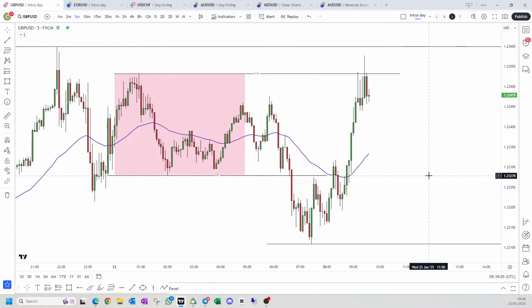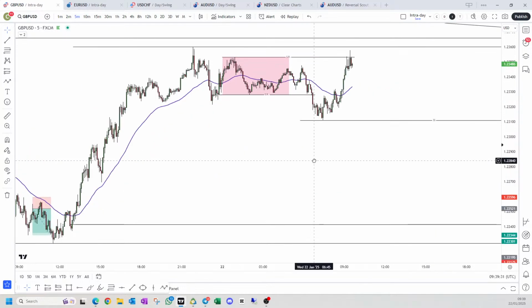Okay, so I don't really want to touch this right now because we've just swept the highs of that. We could either keep going higher, take more, or come back down. So that's in a very sensitive area at the moment. Nothing much you can really do with that, apart from wait, see what happens.